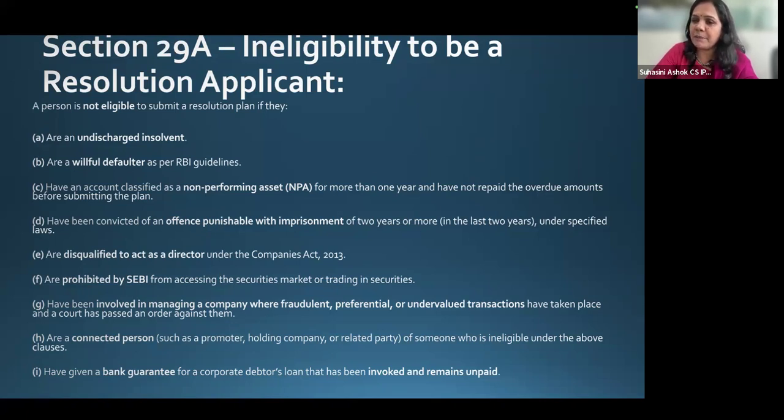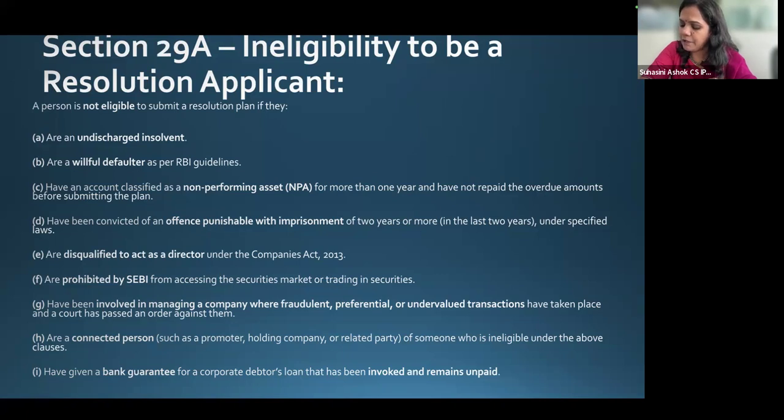If that person is submitting a plan and he has a connected person against whom there is a PUFE order, or against whom SEBI has passed an order prohibiting, or that person is disqualified under the Companies Act, then also that person is ineligible to submit an EOI, expression of interest in CIRP, or participate in auction or section 230.